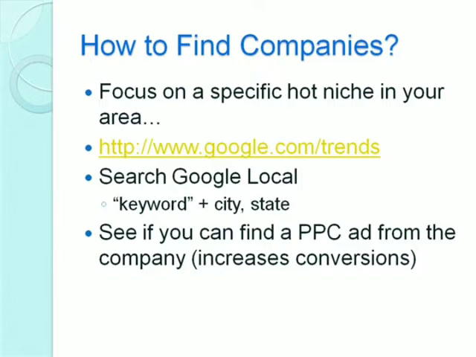Sometimes if these companies are investing money into pay-per-click, then you know that they're already trying to reach the online world and improve themselves. If you can find somebody who has a pay-per-click ad, they may not be into all different marketing tactics, but they are using PPC because they want to increase their sales. If you find somebody like that, that increases your conversions because it's easier to convince them.